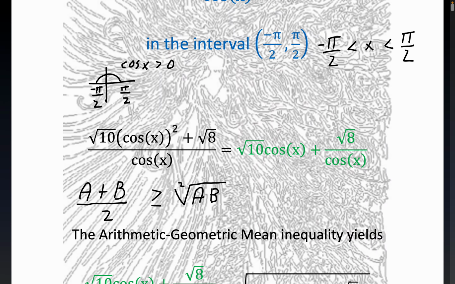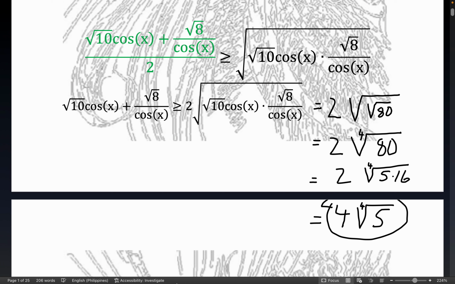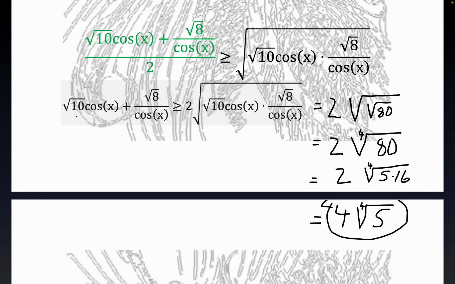Now, for the more curious of you, to know when this happens, you would actually have to equate this. Let me just write this down. Root 10 cosine x. Remember, the equality condition actually occurs when the two input arguments are equal to each other. So that would be when root 10 cosine x is equal to root 8 over cosine x.